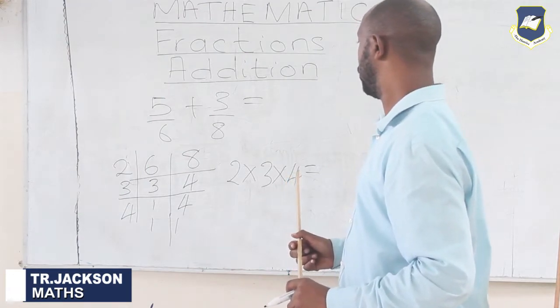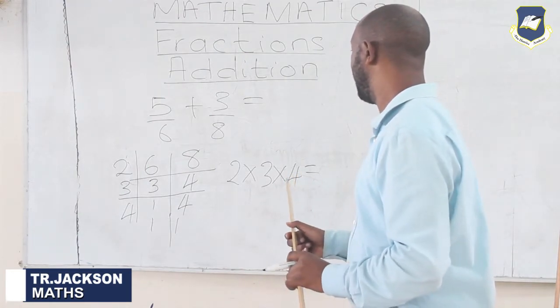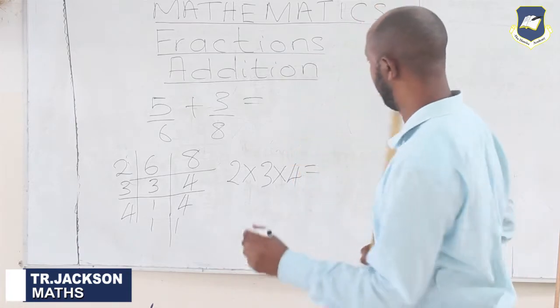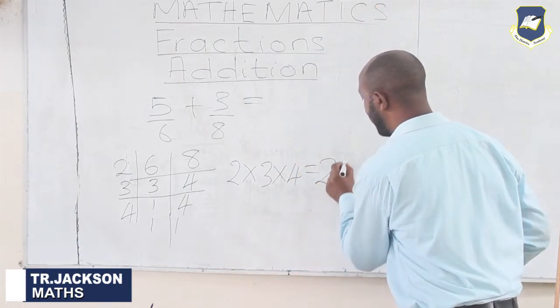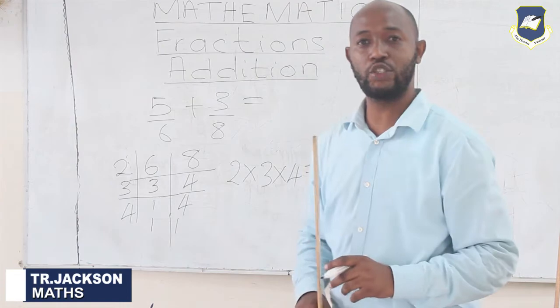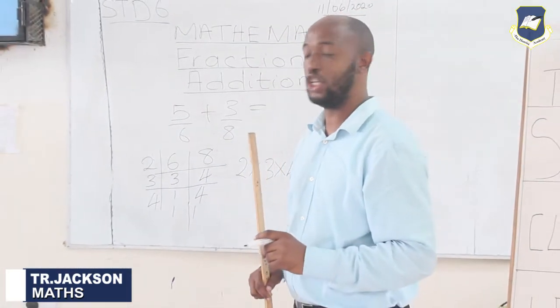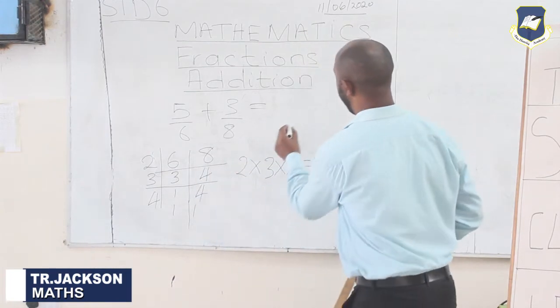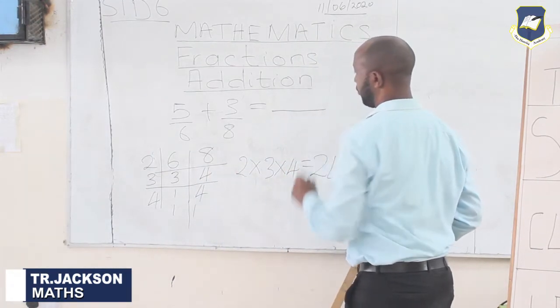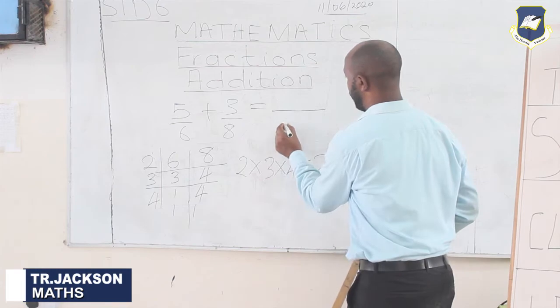And then 6 multiplied by 4 is 24. In that case, our LCM is 24. Our LCM is 24. So draw a line here. Write 24 there.